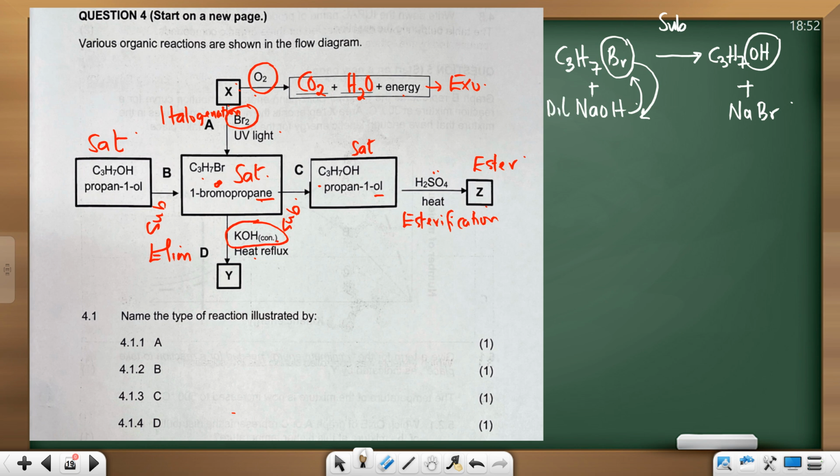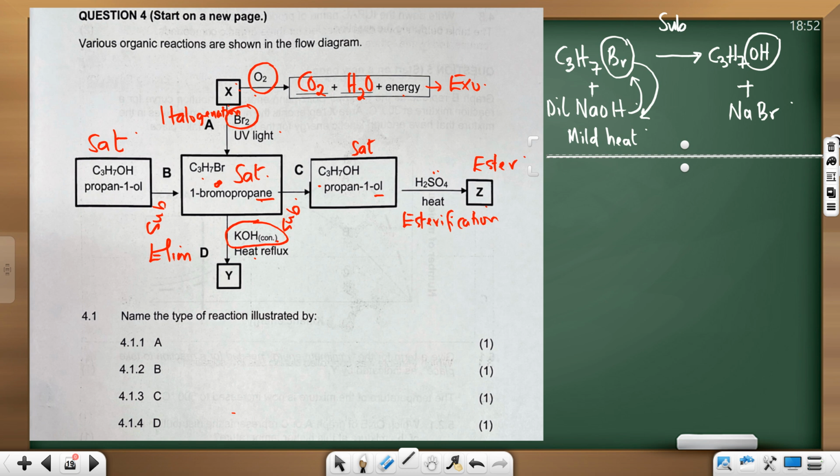And this is what? Dilute. And what? If they ask for the condition, mild what? Heat. Can you see my CEDS working there? It's witchcraft. No, it's not.